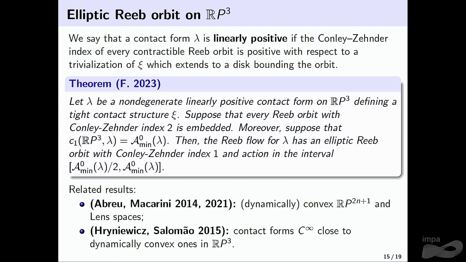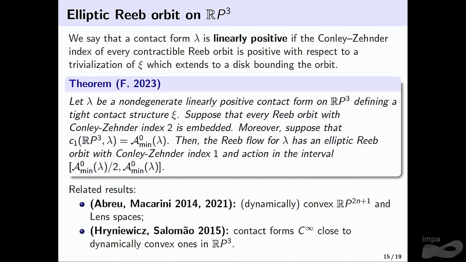If it's hyperbolic, then the second iterate has index 2, and it's not embedded. And what about the action of this orbit? Not about the action. Okay. Yeah. Oh, I see. Yeah, you're right. I'm not sure about the action, but if you don't care about the action, then it follows from equivariant symplectic topology. Yeah, I agree. About the action, I have to check. Yeah. Okay.